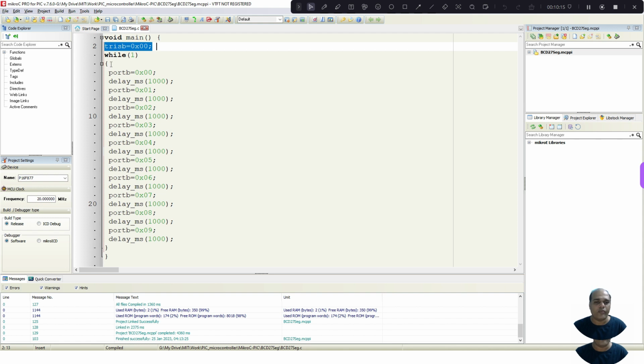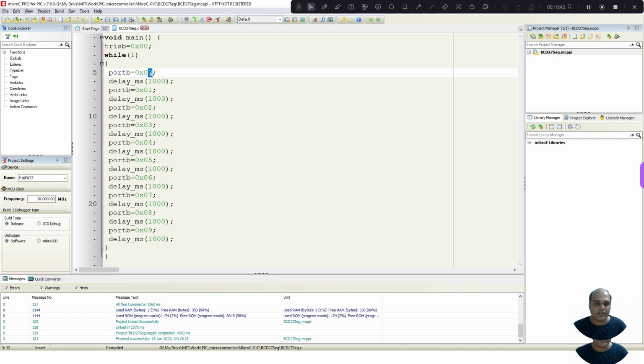After saying that port B is used as an output port, I am going to write the logic. In a while(1), first I am going to give 00. After 1 second, I am going to send 01. Again after 1 second, 02, 03, 04, 05, 06, 07, 08, 09. After 09, again it is going to come back to 00. Here, since we have connected the 7 segment only to the lower part, we have to consider only the lower portion.